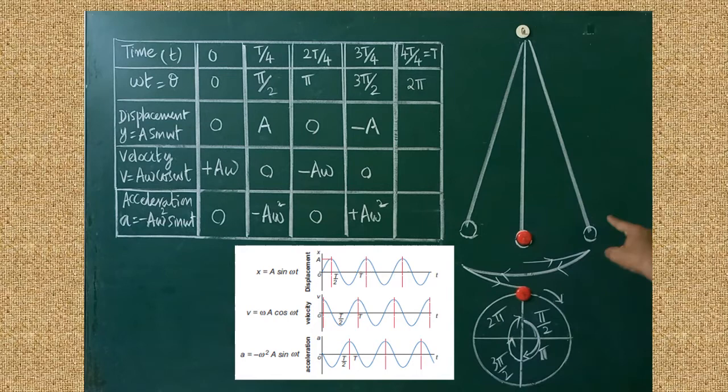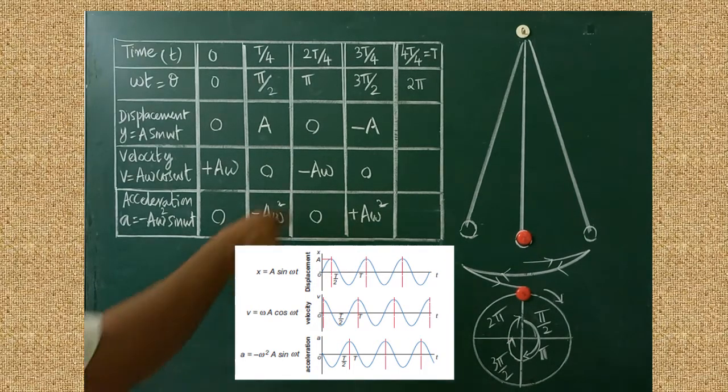It has completed one complete vibration. It takes time t to finish one oscillation. In the meantime, this particle completes one circular path. So the time taken by this body is t, and the time taken by the simple harmonic motion particle is also t.